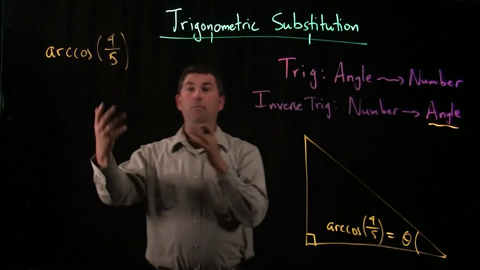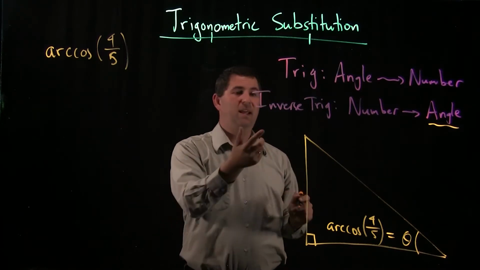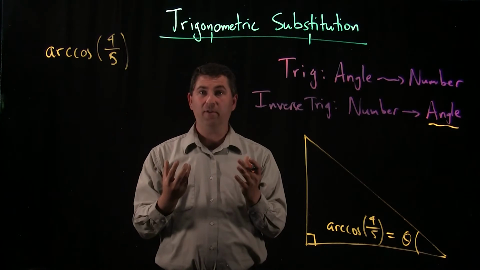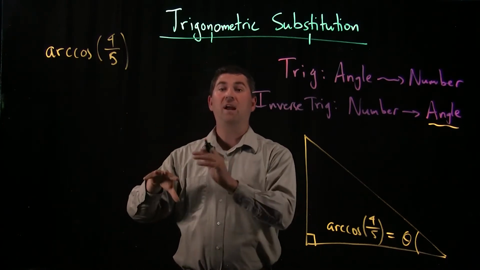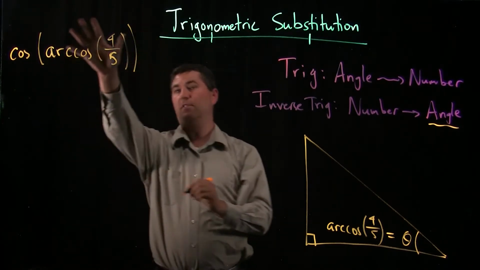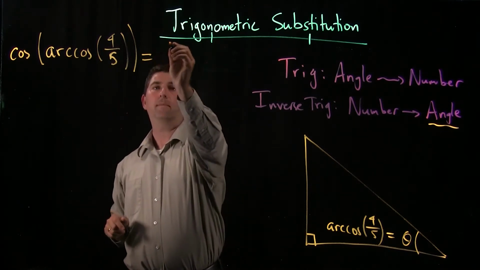What is the defining property of this angle? Well, because inverse trig and trig functions are defined to be inverses of each other, if I apply the arc cosine, and then I applied the cosine to whatever this angle is, I should get back the original number 4/5.